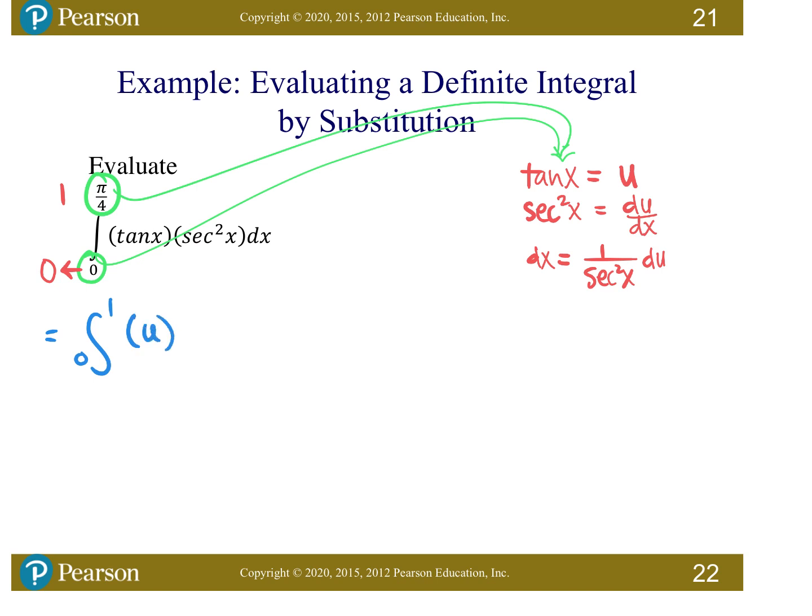Tangent was my u. Secant squared of x. And then dx is 1/secant squared of x. So beautiful. You can't really get much better than that. I mean, talk about an ideal integral. 0 to 1 of u du.